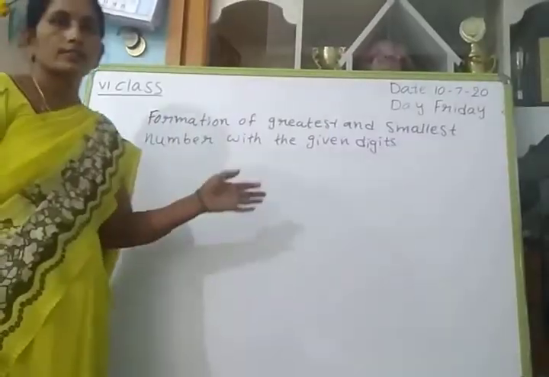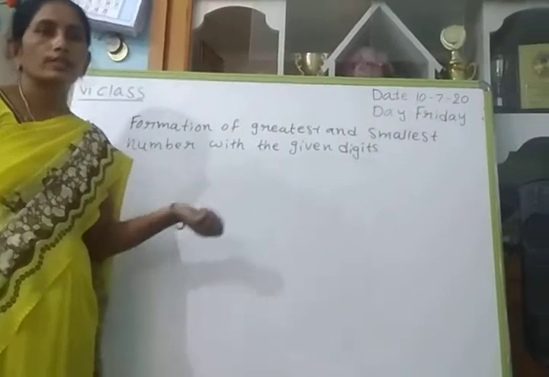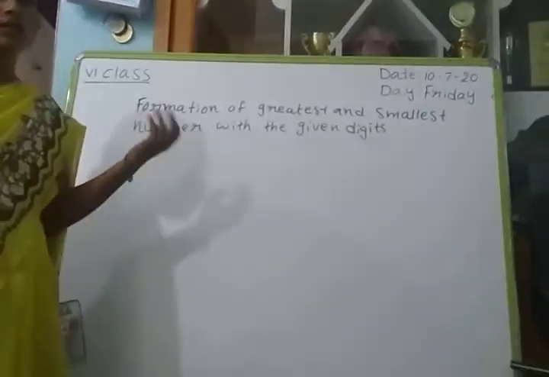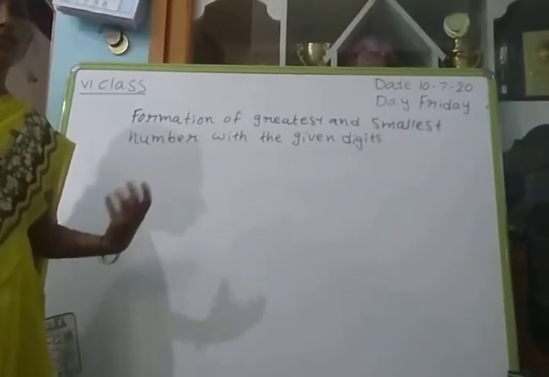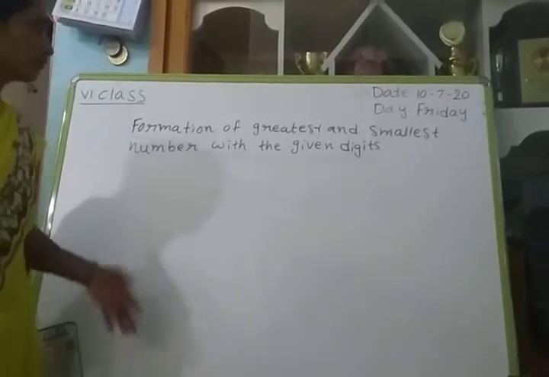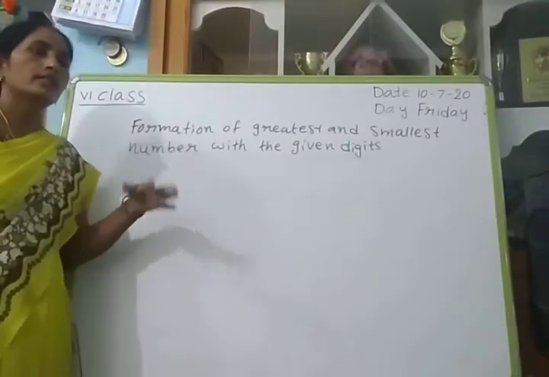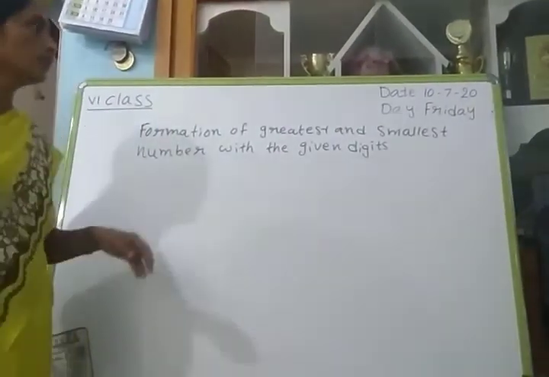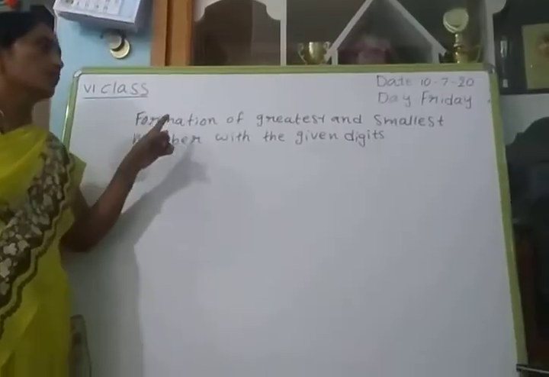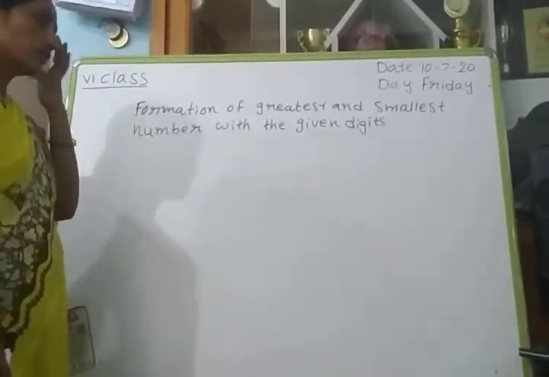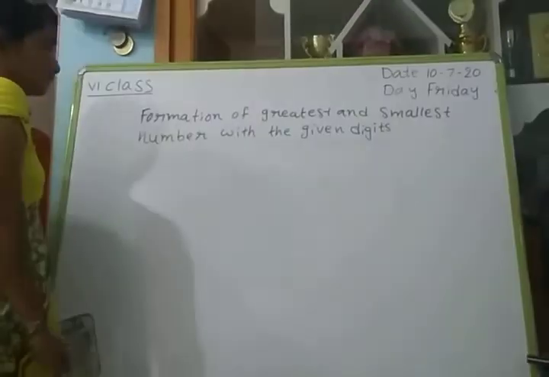Yesterday we already discussed the Indian system, international system, and place value, face value, expanded form of numbers. We also discussed the relation between the Indian and international systems. Today we have to discuss formation of greatest and smallest number with the given digits.